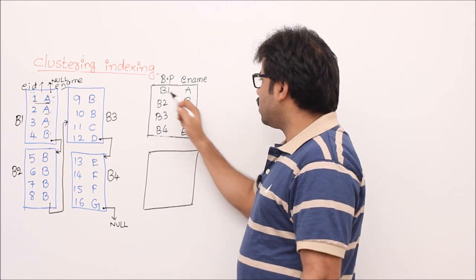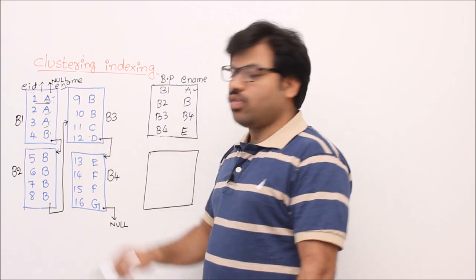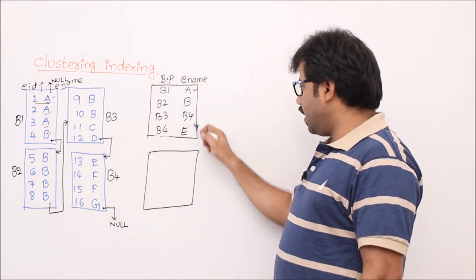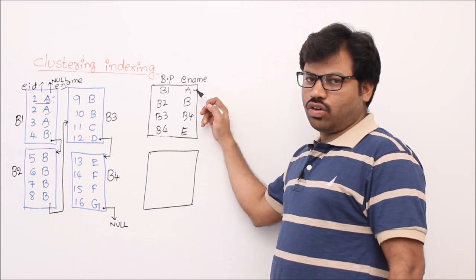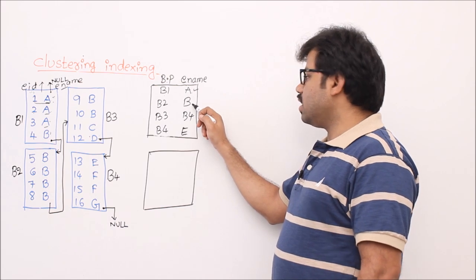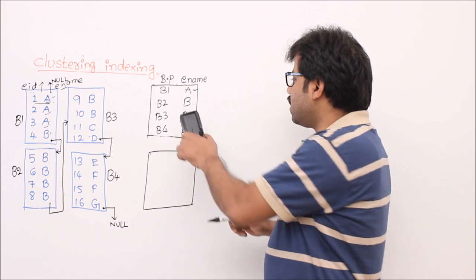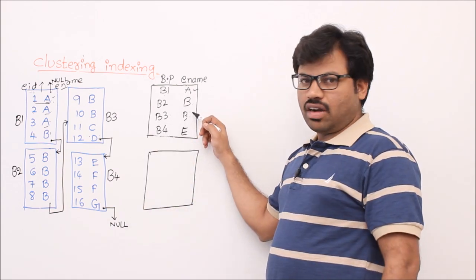Now B1 is done, A is done. Now for example, you are searching for, let's say, D. How to search for D, we will see. First of all, I will look for D in this index. A is less than D in lexicographic order, so I come here. B is less than D, so I try to go to the right side. Here it is again B, less than D?